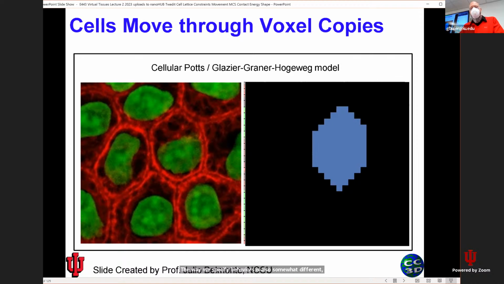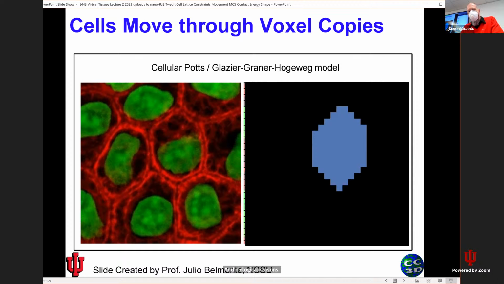In this lattice methodology, we have a stochastic updating rule, and that may seem a little bit complicated and a little bit unnatural, but there are good reasons why we use it, both computational reasons and biological reasons. And we can talk about those.